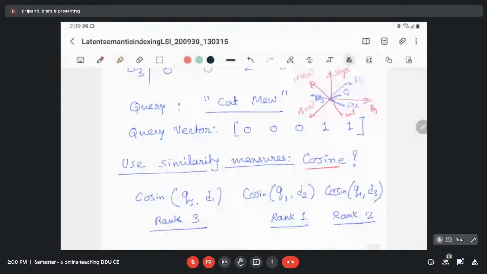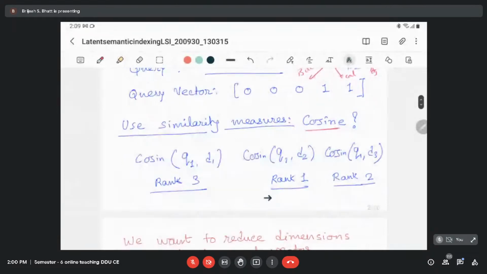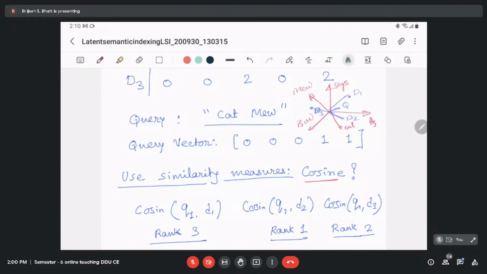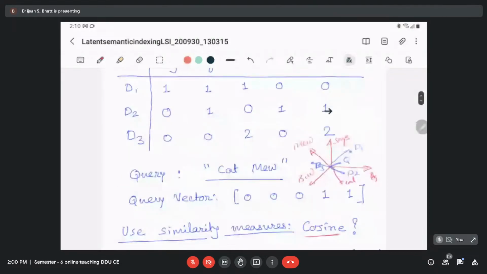If you calculate cosine similarity between them, then D2 will get the highest rank, I guess, because it matches most of the points. Dot product, essentially. So most of the dots are matching for query and D2. Four points are matching, and only one dimension is different.